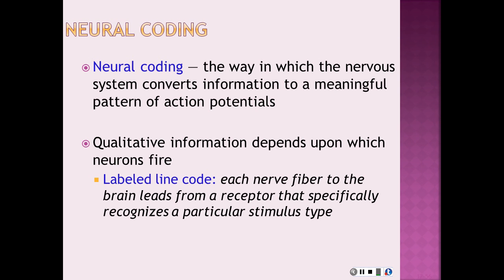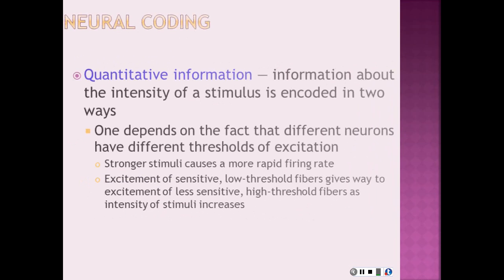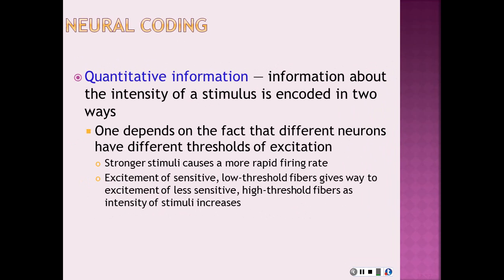Now, quantitative information about the intensity of stimuli is encoded in two ways. One is recruitment. In recruitment, additional neurons are brought into play as a stimulus becomes stronger, enabling the nervous system to judge stimulus strength by which and by how many neurons are firing.